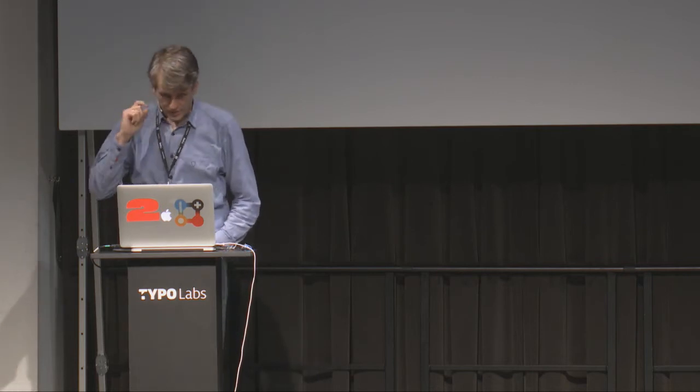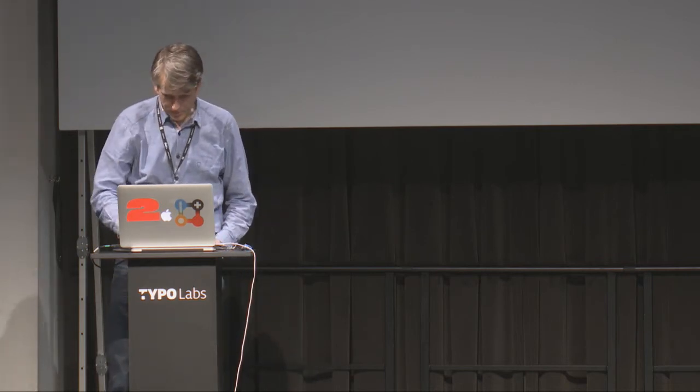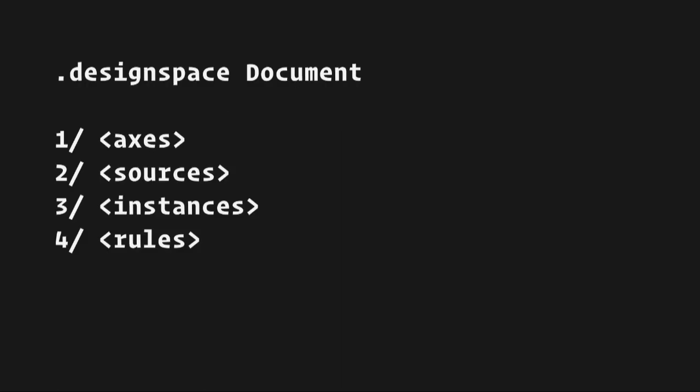Making Designspace files, a little bit of XML and a little bit of Python. So the Designspace document contains, at the moment, an element for axes. So that contains all of the stuff you want to store about your axes, names, dimensions. An element for sources that contain links to your UFOs or your TTFs and more names, more Designspace locations.